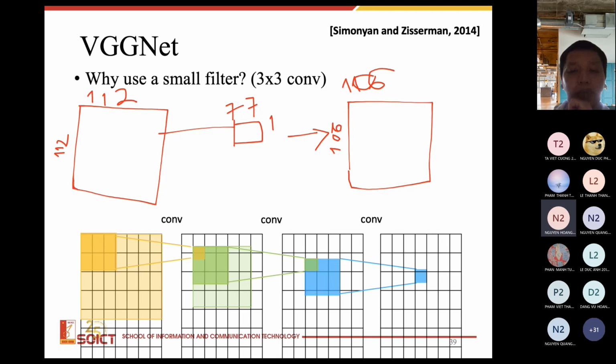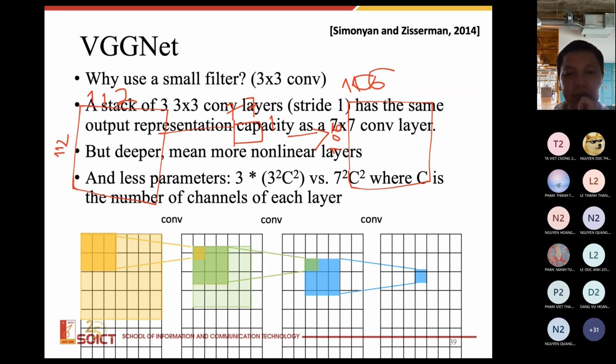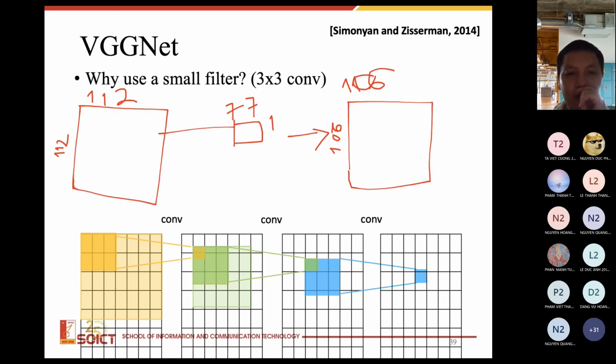Yes. Okay. And now in the case we have 3 by 3 convolution, right? After the first 3 by 3, which is the output size? This is 110, right? Is it correct?